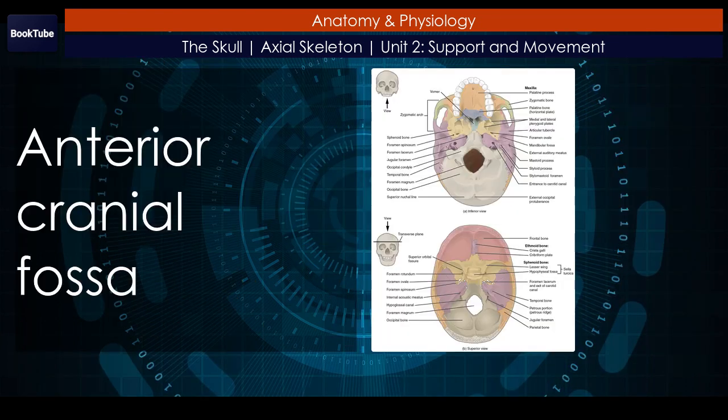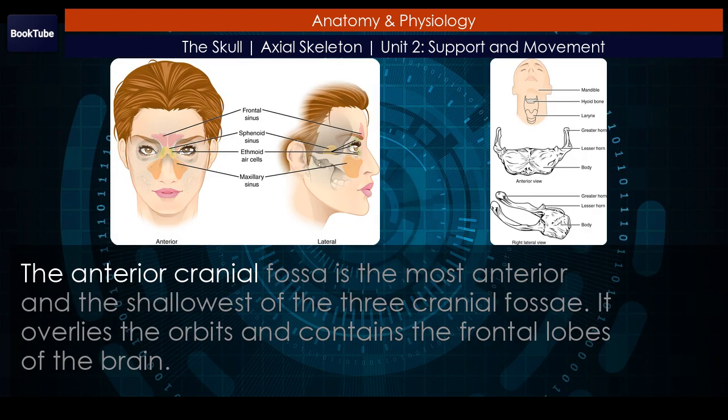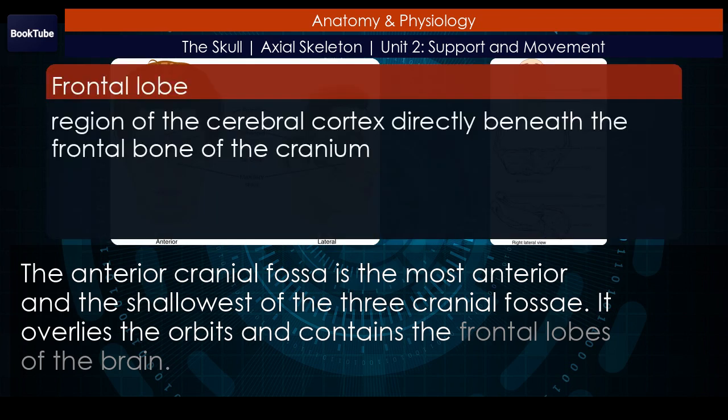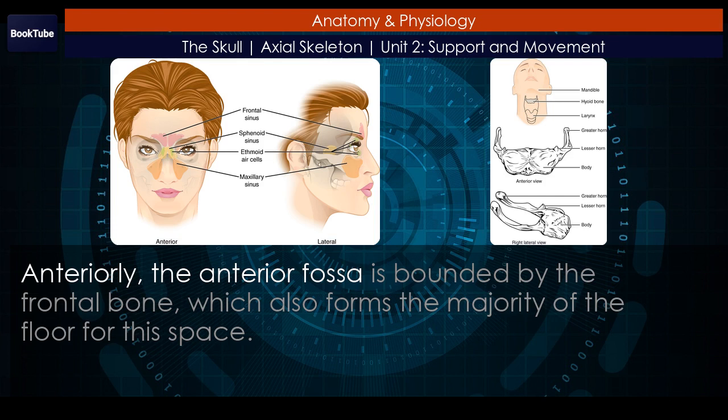Anterior cranial fossa. The anterior cranial fossa is the most anterior and the shallowest of the 3 cranial fossae. It overlays the orbits and contains the frontal lobes of the brain. Anteriorly, the anterior fossa is bounded by the frontal bone, which also forms the majority of the floor for this space.